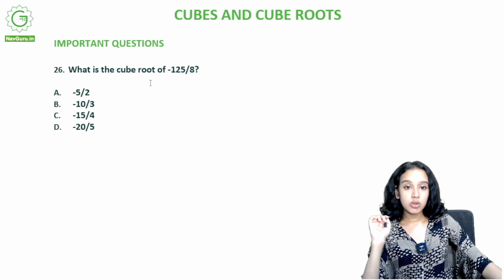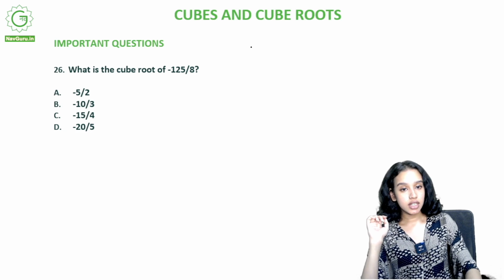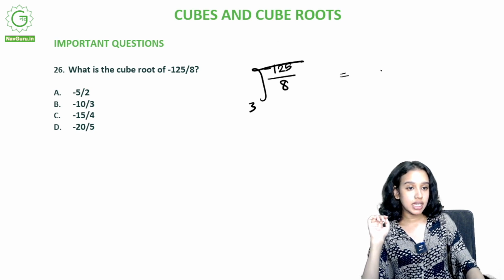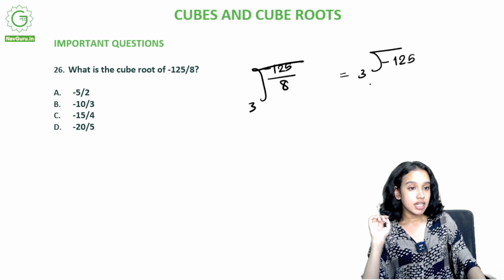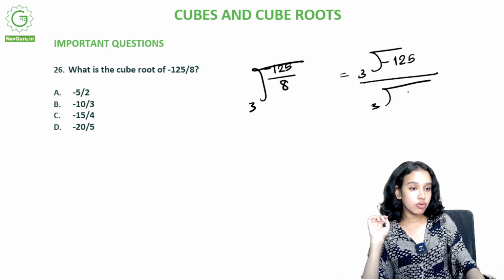Now, what is the cube root of minus 125 divided by 8? Let's see. Minus 125 by 8, cube root. So this is equal to the cube root of minus 125 divided by the cube root of 8.